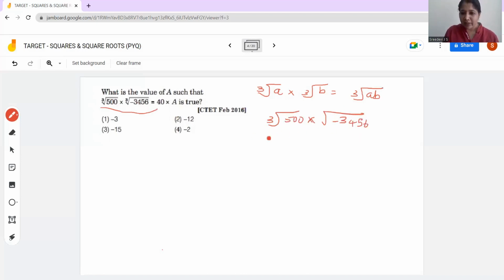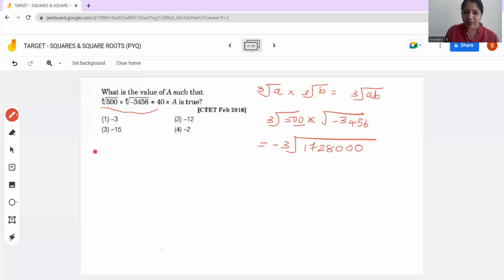When we multiply, we'll be getting minus cube root of 17280, and we have 2 more zeros in the question, so we'll be getting 1728000. This is the simplified form of the LHS.